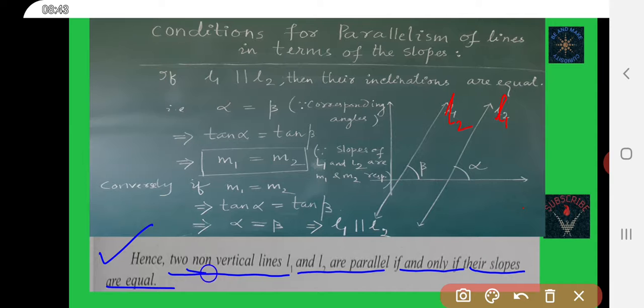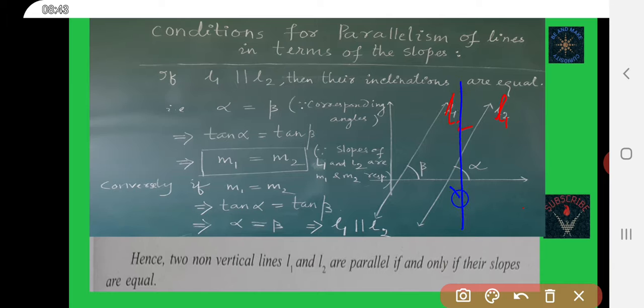Okay, here non-vertical lines L1 and L2. You know the slope of a vertical line is not defined. So the lines must be non-vertical lines. So, two non-vertical lines L1 and L2 are parallel if and only if their slopes are equal.